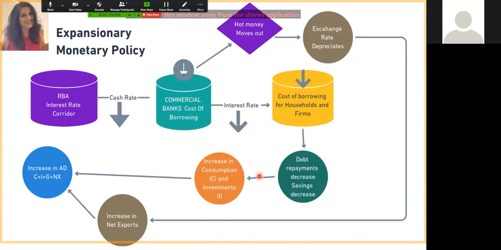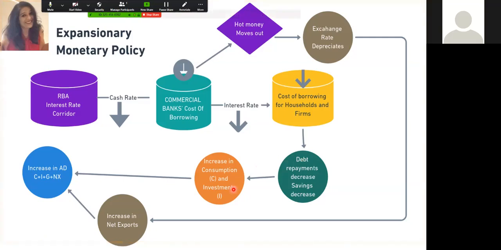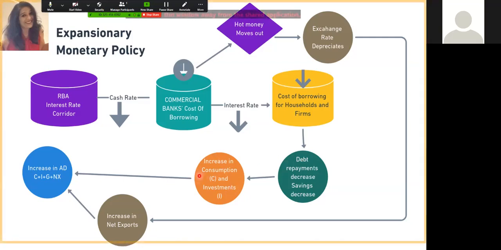We have done all this, how the interest rate affects consumption and how it affects investments, very clearly in our earlier chapters. Therefore, the net result in this case is more of C, more of I, and also when the dollar value depreciates, things become cheaper, and people would find it more attractive to buy goods and services from Australia, and thereby net exports would go up, and hence a total increase in aggregate demand.